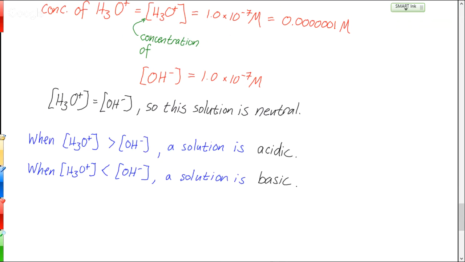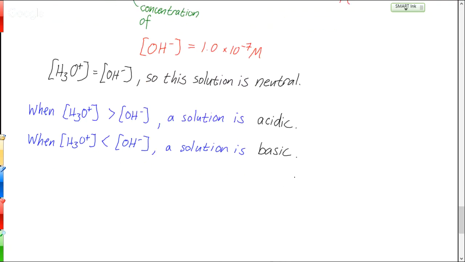All right. So if we want to know if a solution that we have in front of us is acidic or basic, we need to measure the hydronium concentration, measure the hydroxide concentration, and then see which one's greater. But there's kind of an easier way to do that, and that's to look at something called pH.